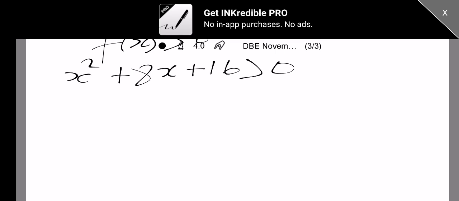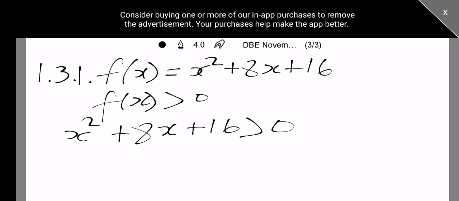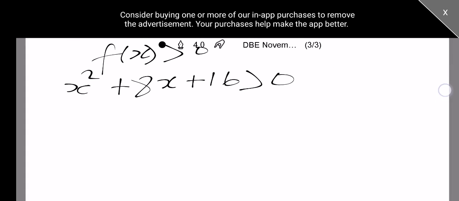What are the factors of 16 that can potentially give us 8, the middle term? It's 4 and 4. Remember, the factors of 16 are 1, 2, 4, 8, and 16 itself. So those that can give us the middle term are 4 and 4.